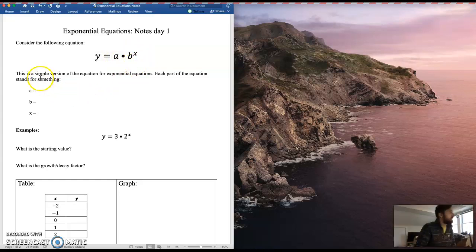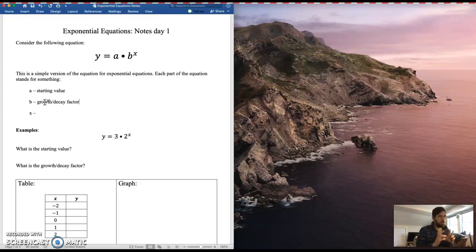The first thing that we want to go over is a simple version of exponential equations. We'll move on to some more complicated examples, but each part of this equation stands for something. In this example, A stands for the starting value, and we'll get more into what that means later, but for now that's just called the starting value, times B. B is a base, it's being raised to an x, but in this example, we call this the growth or decay factor.